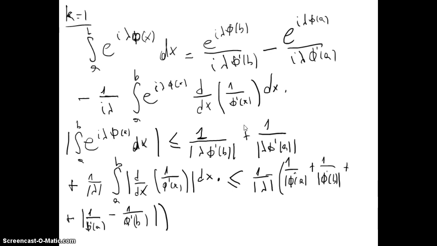Okay, recall that phi prime is monotonic in [a,b], which means that d/dx of 1 over phi prime has a constant sign.